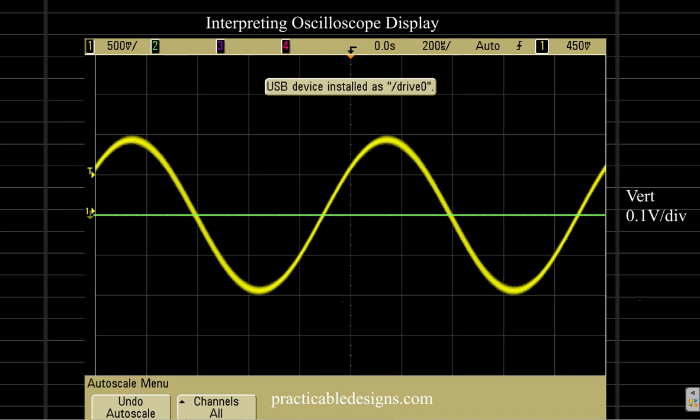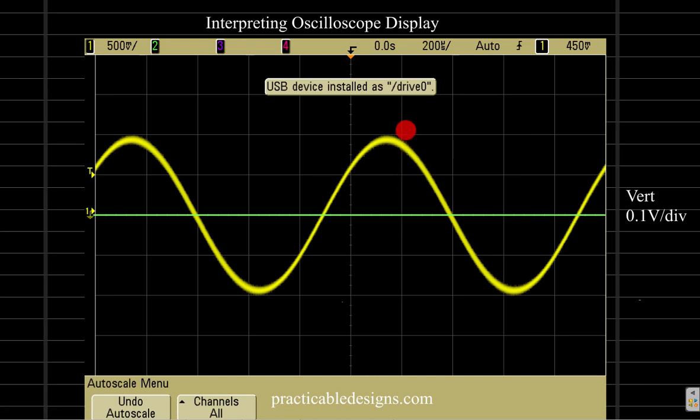Here, you have almost 2 divisions. Say you have 1.9 divisions. If you go up 0.1 volt per division, you go up 1 division, that's 0.1 volt.